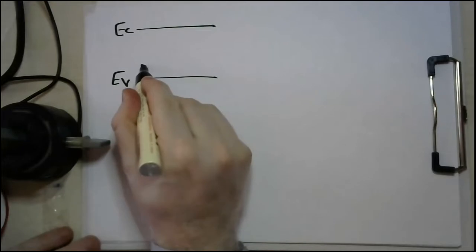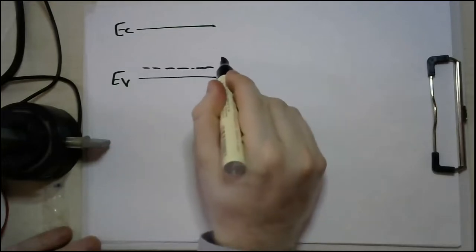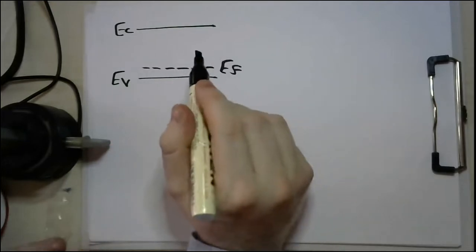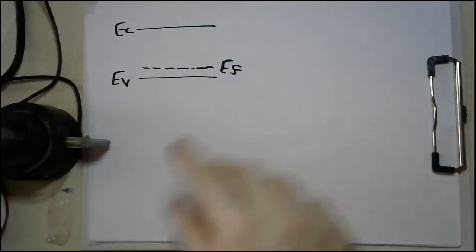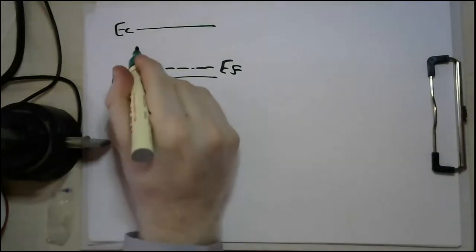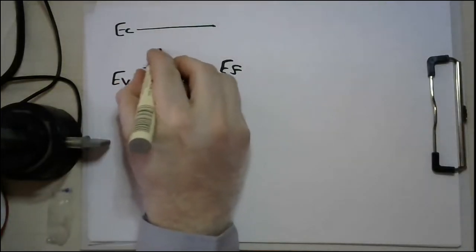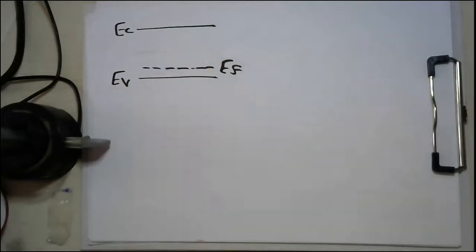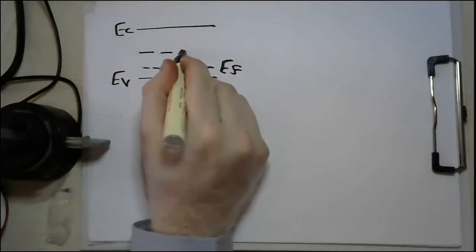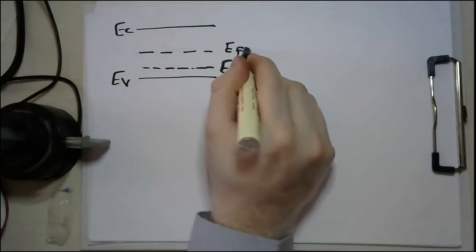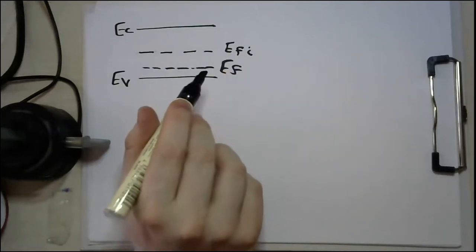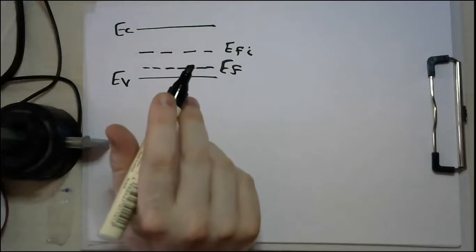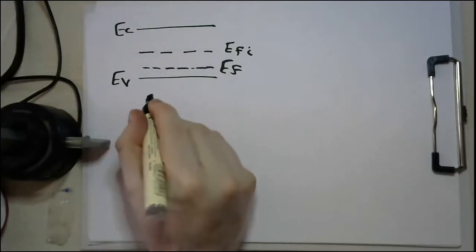This is our EF, and usually you have what's called the intrinsic Fermi level here in the middle. So this is EFI, and as long as EF is below EFI, this material is a P-type material.